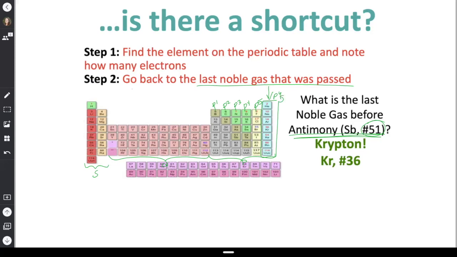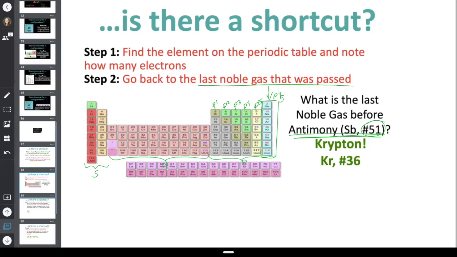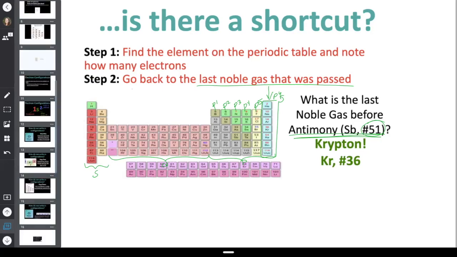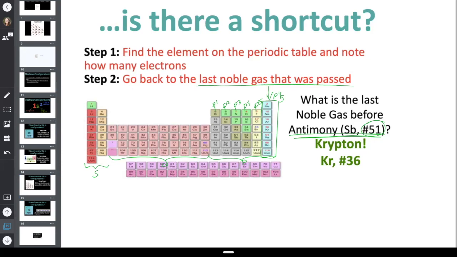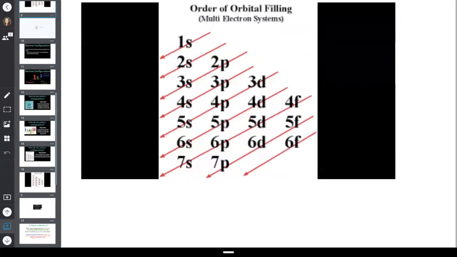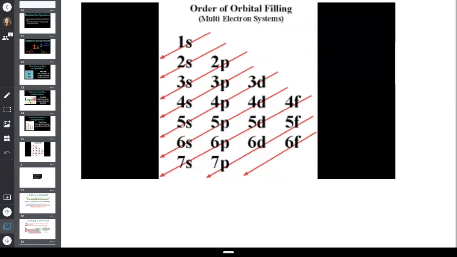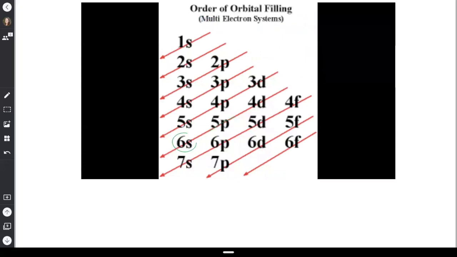Well, what happens after the p orbital? If you look at your electron configuration, after every p comes what? The next level. After p, we go to the next energy level: 4p, 5s, 5p, 6s, 6p, 7s.